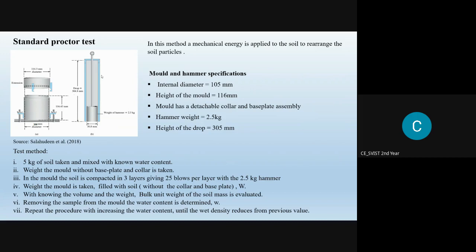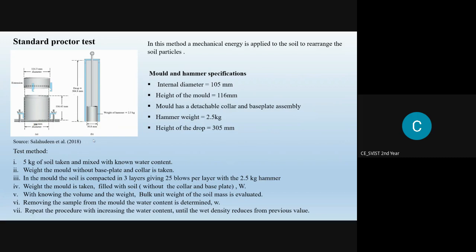You see, this is called the Proctor mold. These are the dimensions. This is called the hammer. The weight of the hammer is 2.5 kg. During the test, 5 kg of dry soil is taken and mixed with some amount of water.